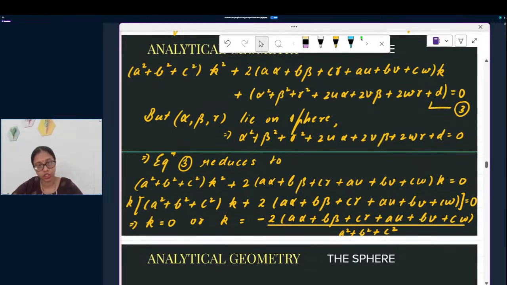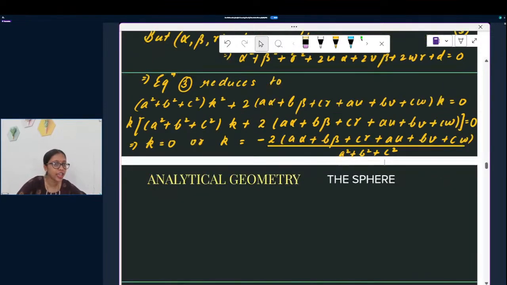Now I'll impose the condition. My condition is that if I want my line 2 to be the tangent line, then I should have only one point of intersection. So these two values of k are actually only one. Actually they are same, the roots will be same.